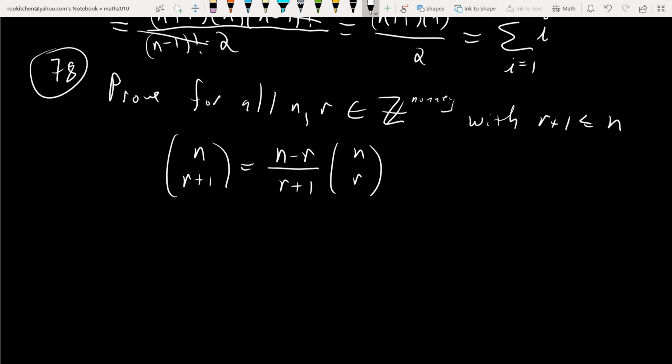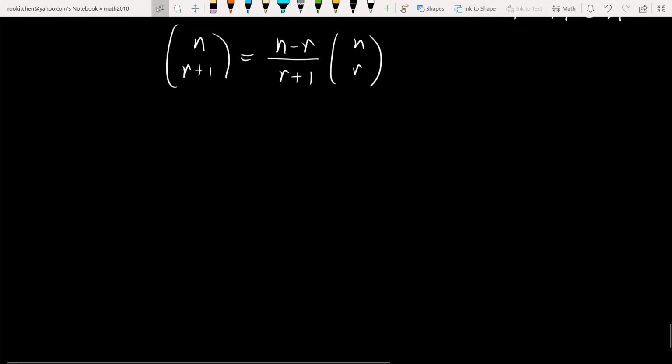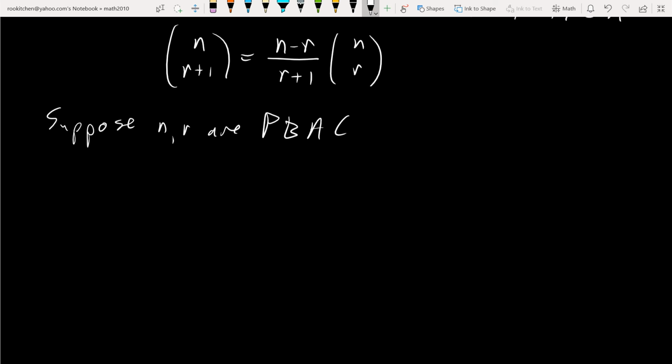Okay, so it's more like a trig proof back in the day than our direct proof, but we'll set it up like a direct proof. We'll start with our supposition. So suppose n and r are non-negative integers such that r plus 1 is less than or equal to n.